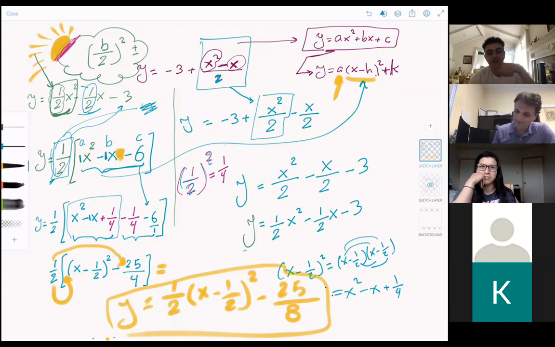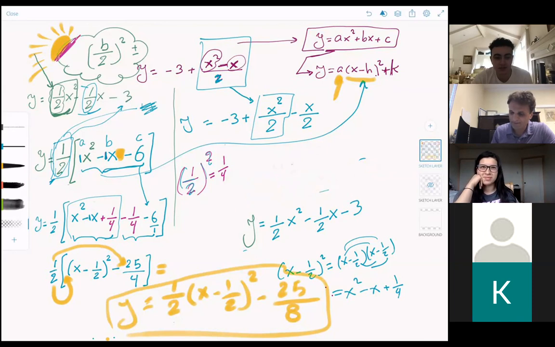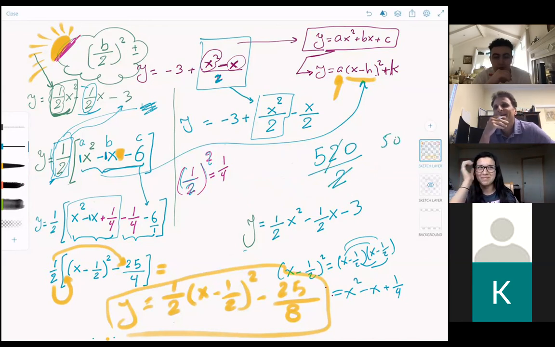For example, you have $520. You want it divided by 2. You cancel the 2. You get $50. Oh no, that's what you're thinking.